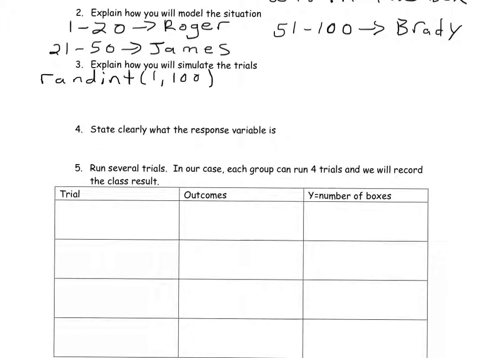And I'm going to do that until I get one of each athlete, and then that's going to constitute a trial. So I'm going to pick random numbers. In this case, duplicates are fine.